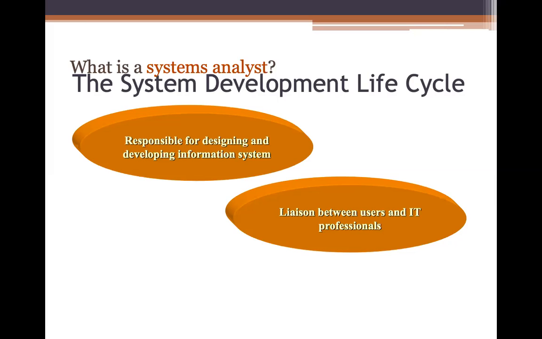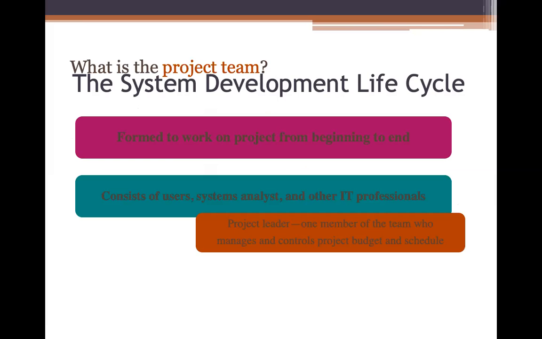For example, it's called UI or UX manager, user interface or user experience managers. So it can come with different names, but basically they are system analysts. Okay. And then what else?